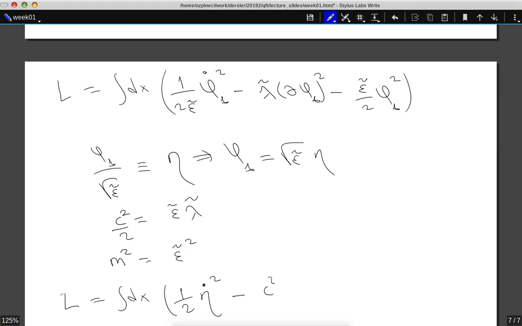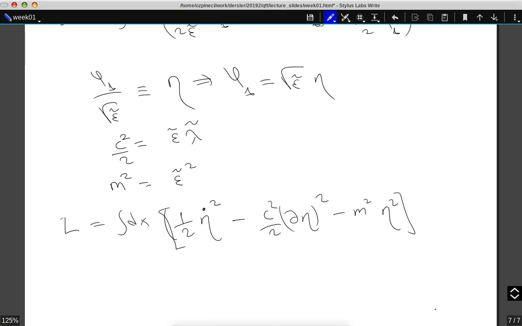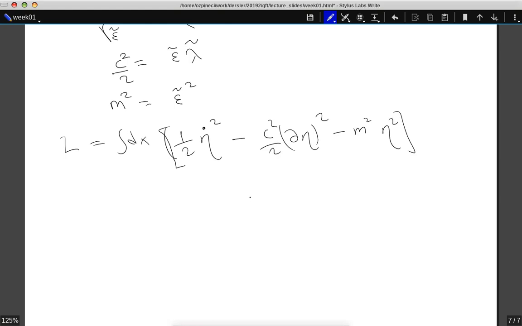Now the coefficient in the second term is c squared over 2, derivative of eta squared. And then I have minus m squared eta squared. Now this is called the Klein-Gordon Lagrangian.